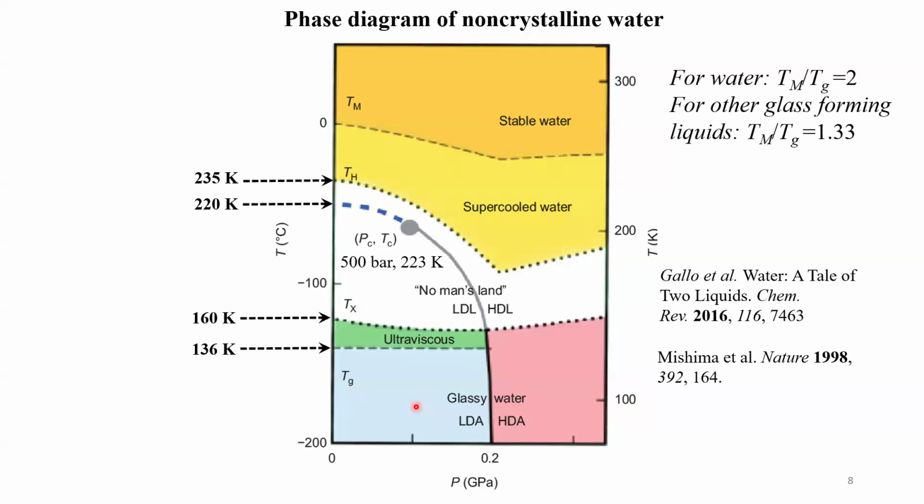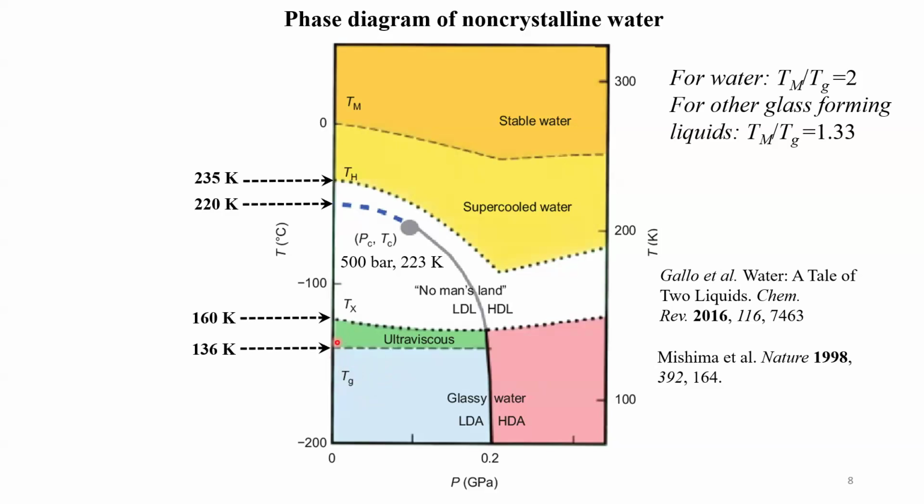In physical chemistry, we then call it a glass. The temperature where it reaches that phase is called the glass transition temperature. For water, at 1 atmosphere pressure, this is 136 Kelvin. So if you quench liquid water very, very fast, you can reach the glassy state. Then you increase the temperature again slowly.